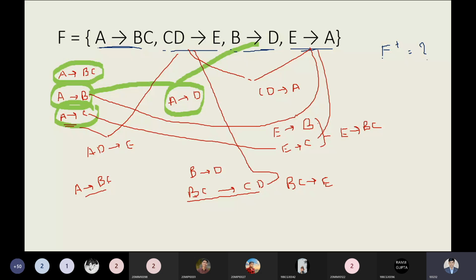After getting this and using the other one, I can get a new functional dependency, A determinant to BCD. Is it possible or not? Yes, of course it is possible. So we can also use this kind of functional dependency. Now clear?